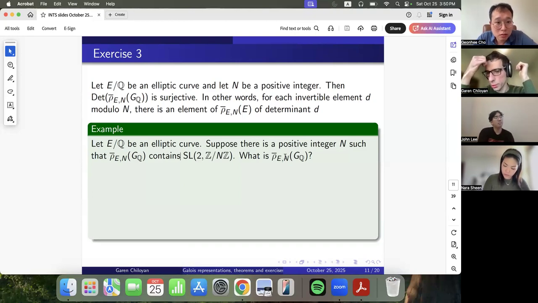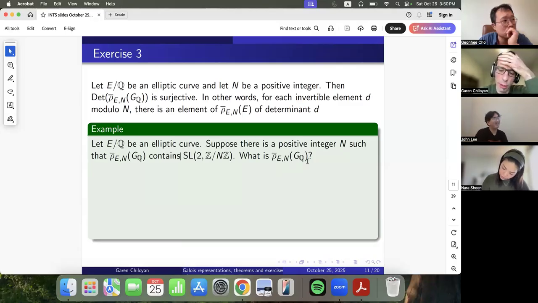With my research and my work, I give you questions with very little information, so the answer has to be obvious. Otherwise, how could I give you so little information and expect an answer? What is the image of the mod n Galois representation when the image already contains all elements of determinant 1?